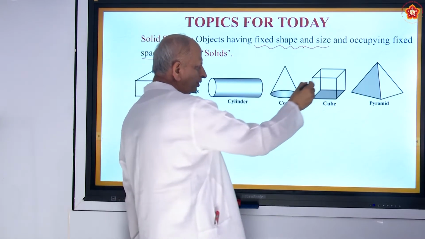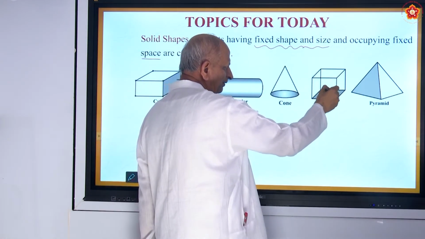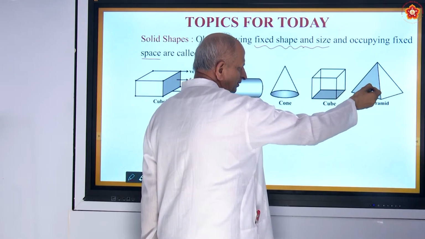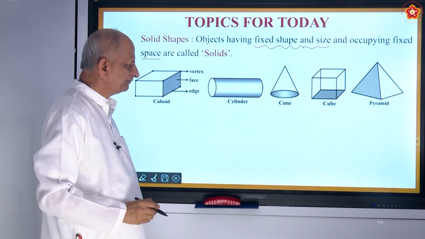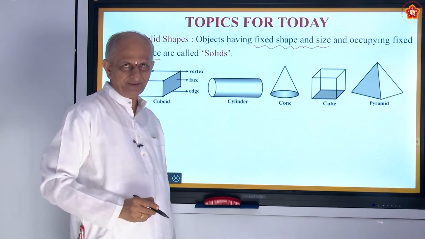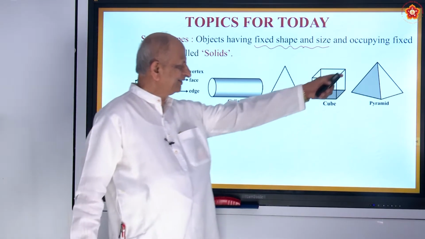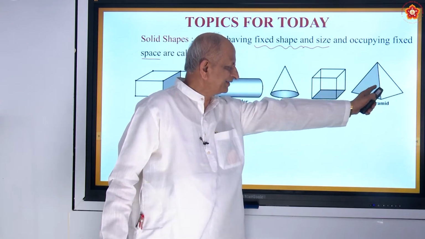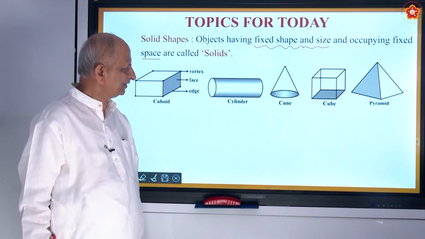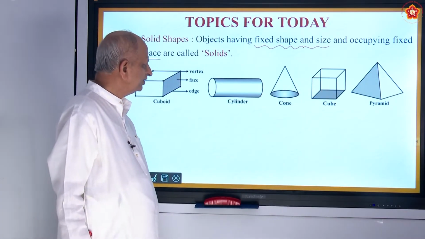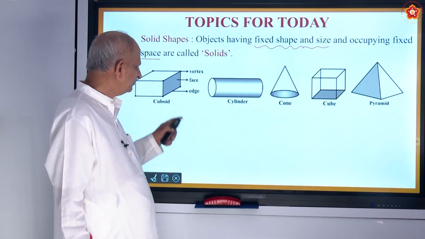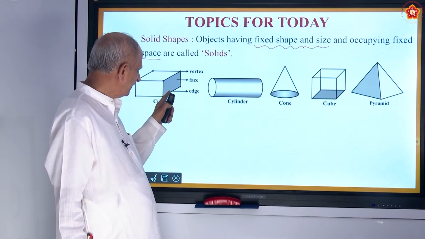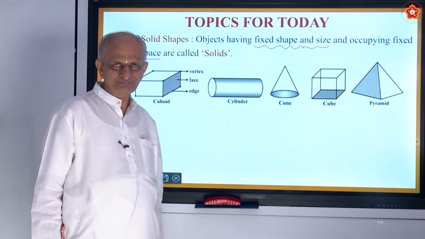Cube, all length, breadth, height will be equal. Pyramid, there will be two types. One is called square based pyramid, another is triangle based pyramid, and this is called the vertex, and these are called the lateral surfaces. So these are some examples of solids. What is the speciality? They have length, breadth, and height.